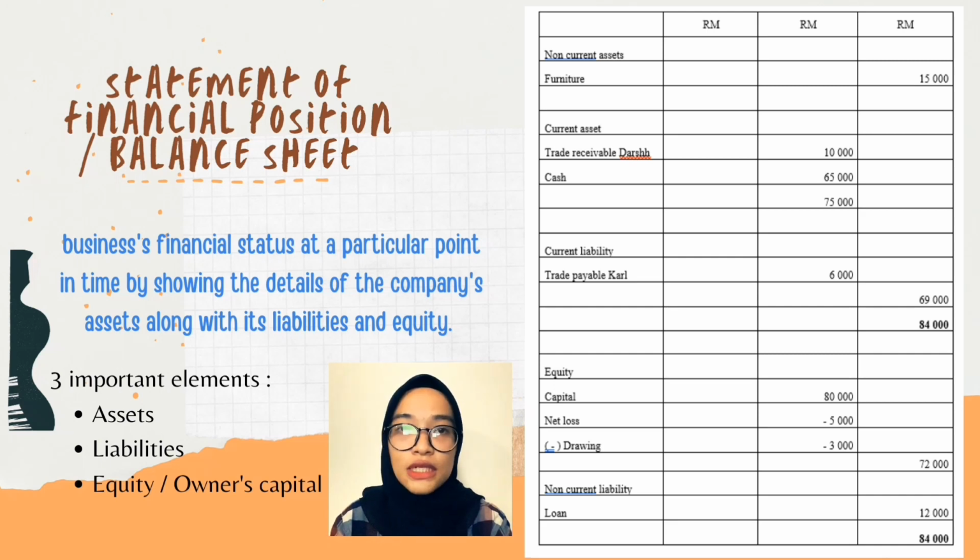Liabilities are further classified into current liabilities and non-current liabilities. The third element is equity, which is the residual interest in the net assets of a business that remains after deducting its liabilities.